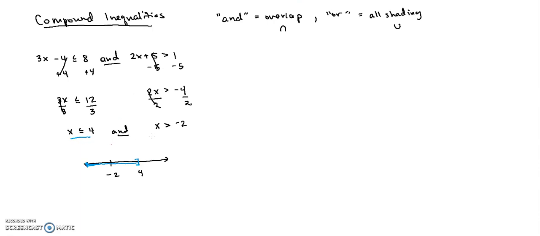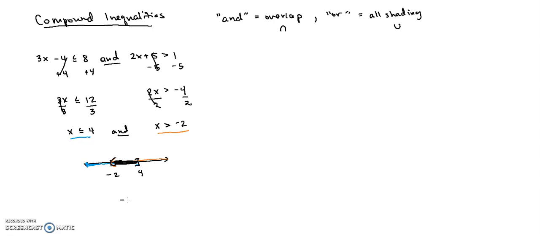Then greater than negative 2. So from negative 2, we're going to shade to the right. And that's going to be a round bracket like that, because it's not included. And we are looking for where these two overlap. So I need orange and blue. So that's going to be here in the middle. That's where they overlap.